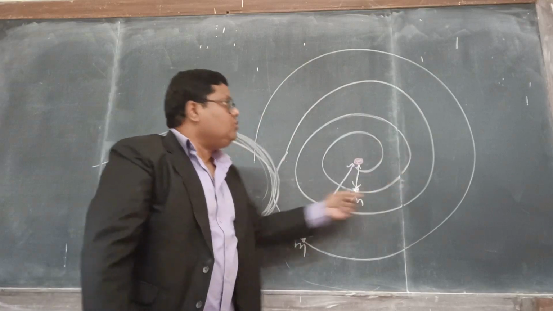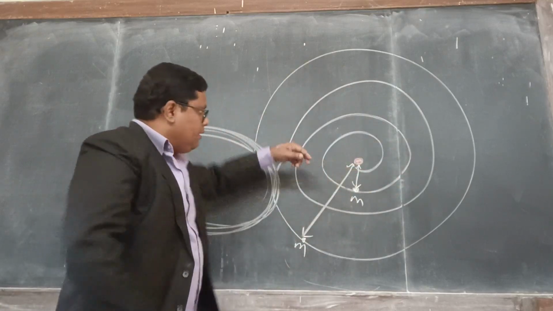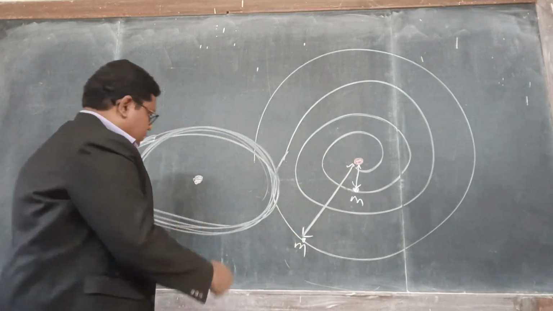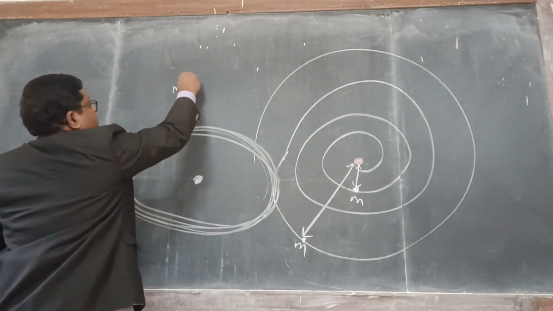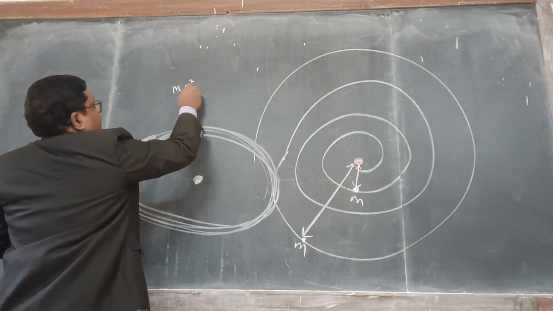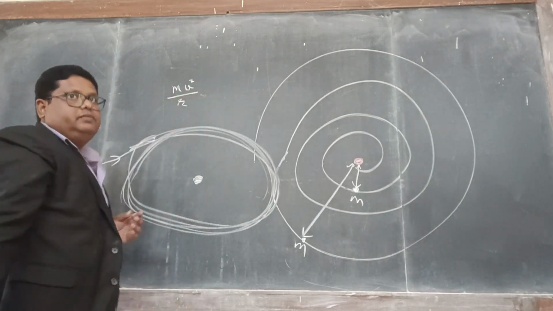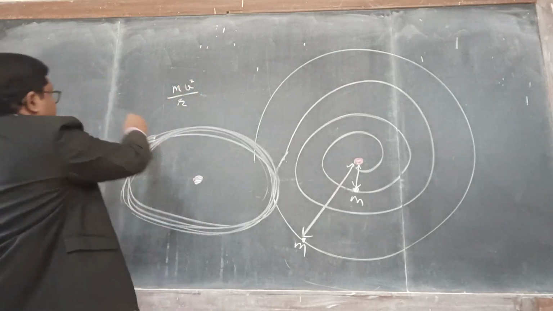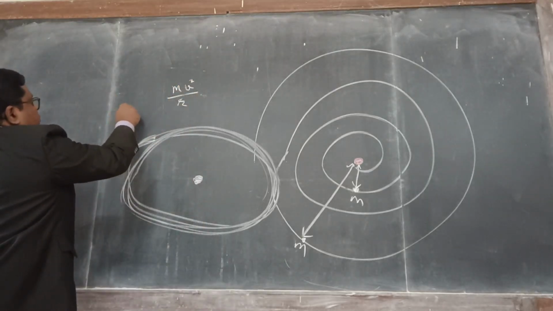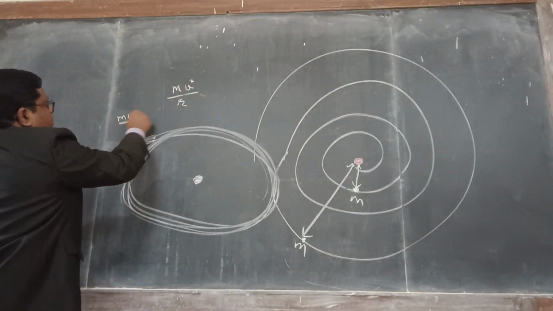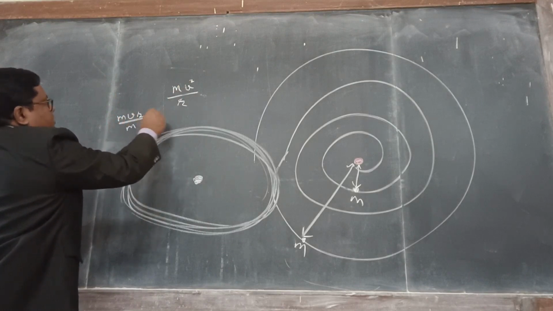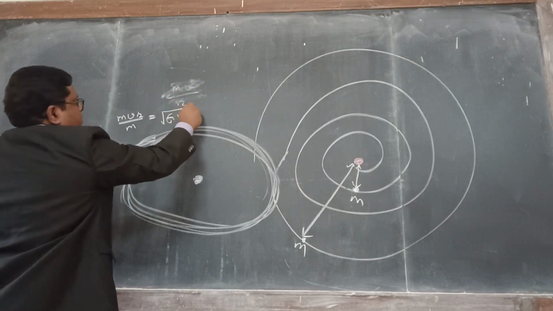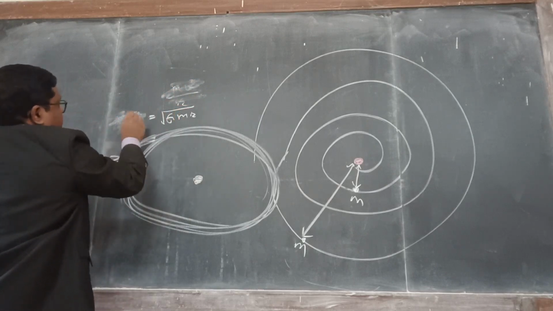Otherwise, it cannot go into a spiral. Remember, we have mv squared by r, from which we get the Keplerian orbit. The specific angular momentum is mvr divided by m, which works out to be around the square root of GMr.